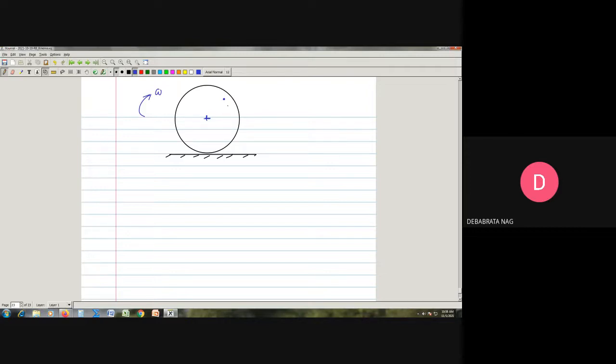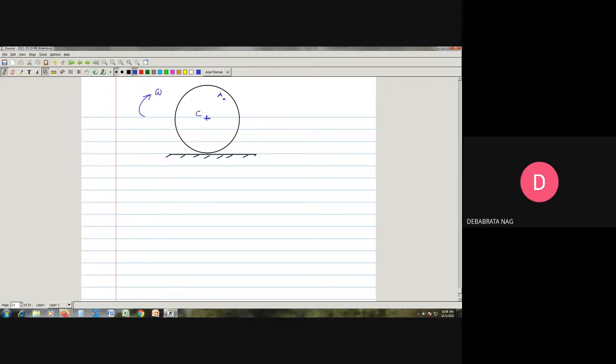We have already done it analytically, that means by following the absolute motion analysis we have solved this problem. But here also we can do this, that means if I know the location of this point A, then I can calculate this by the instantaneous center method.